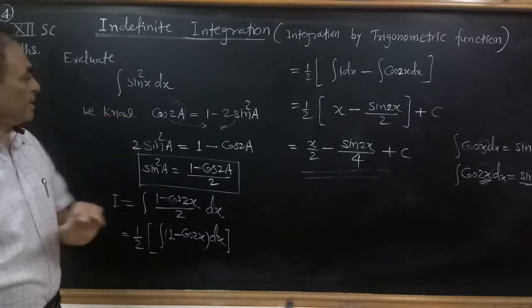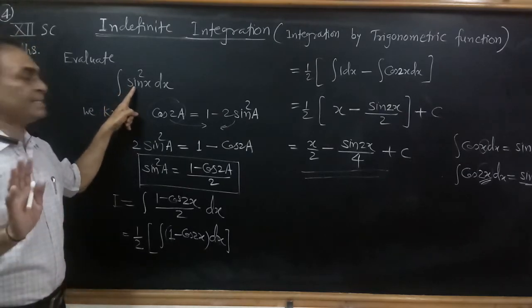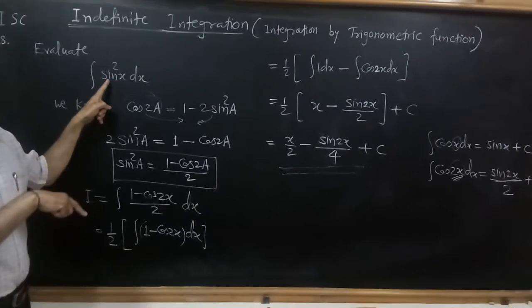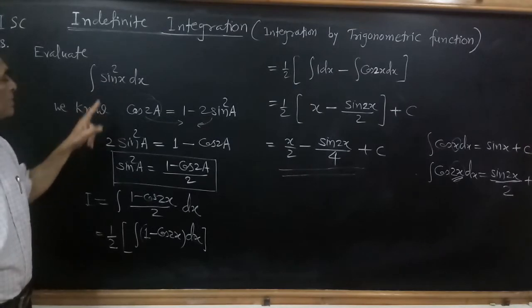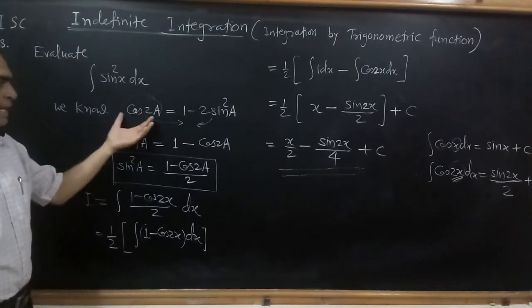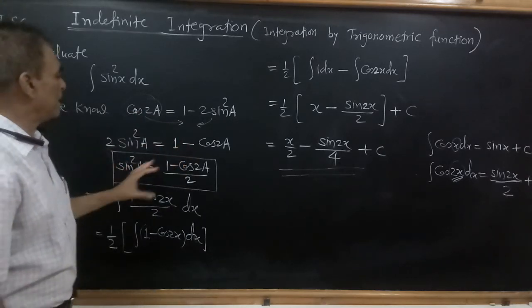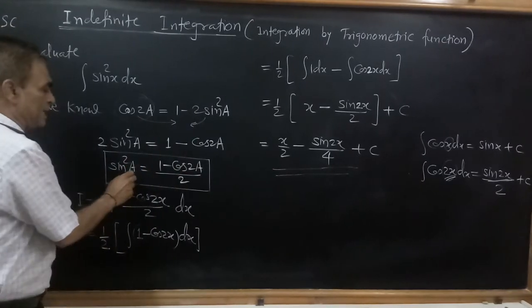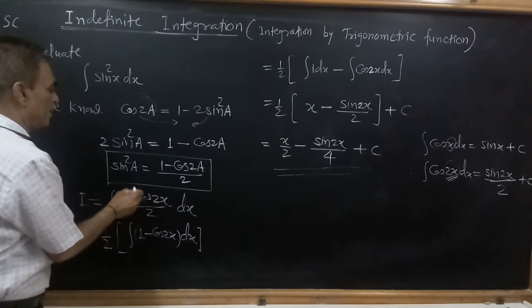You can again understand that for sin square x, we can't easily find the integration. That's why I use a trigonometric formula, the multiple angle formula, a transformation. The simplified formula is sin square a equals 1 minus cos 2a over 2.